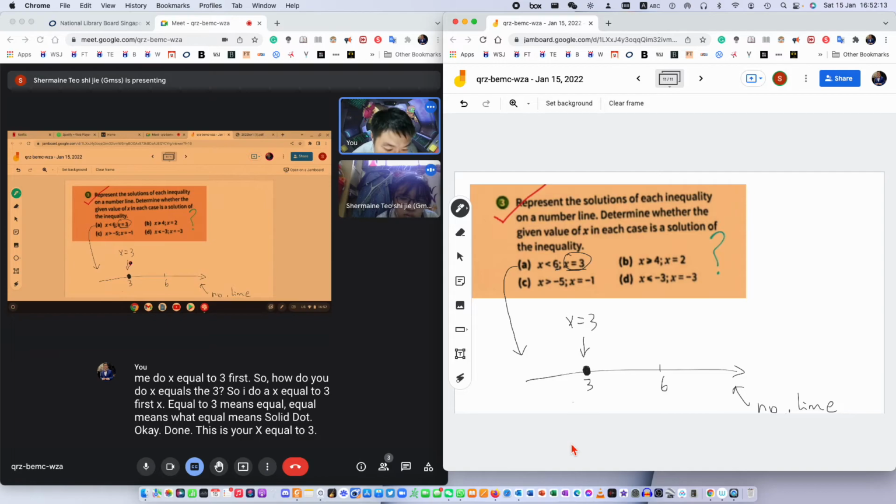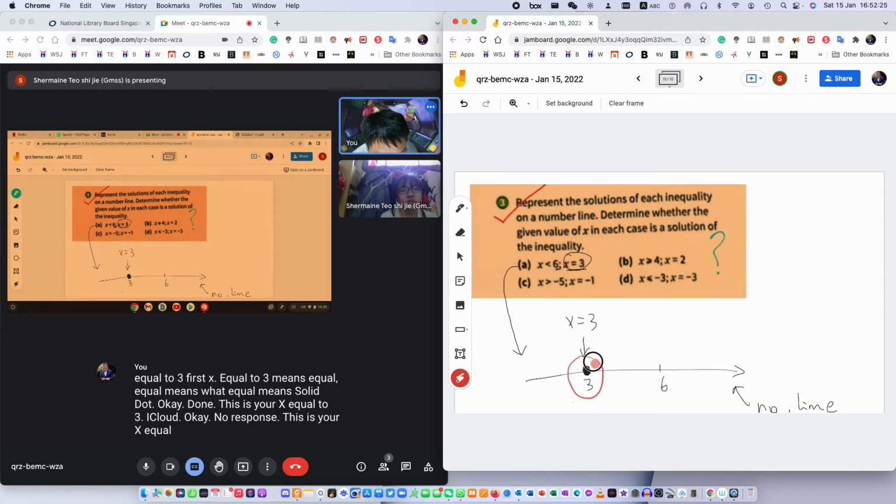Are you clear? Are you clear? No response. This is your x equals to 3. You put a dot there. Are you clear?